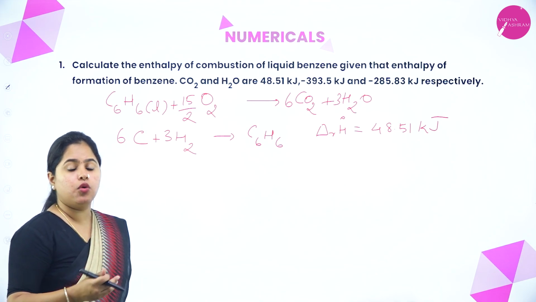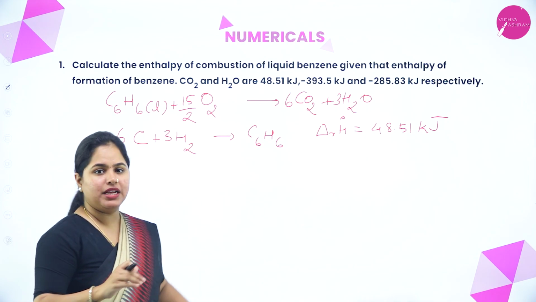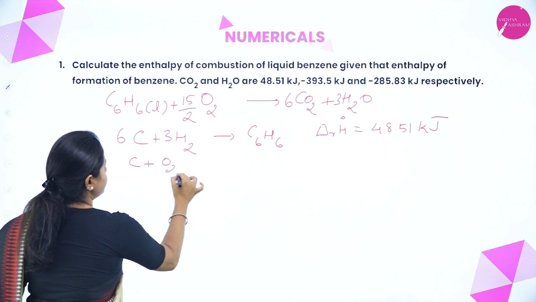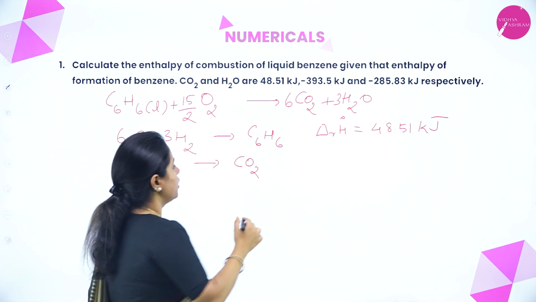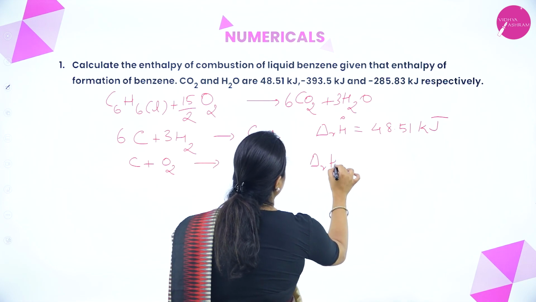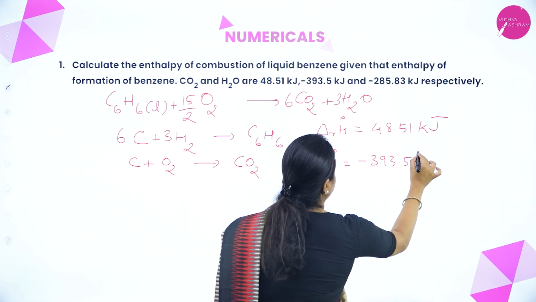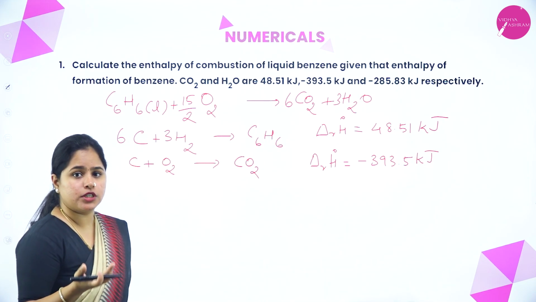So you need to be knowing the equations for the formation of carbon dioxide, formation of water, formation of benzene, all that. Okay, so the next one is carbon plus oxygen will give you carbon dioxide. So this is already a balanced chemical equation. So the enthalpy of this reaction is also given as minus 393.5 kilojoule. Now the next one is enthalpy of formation of water.